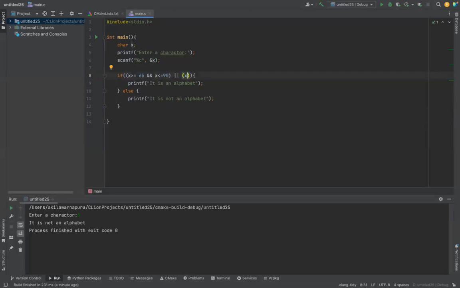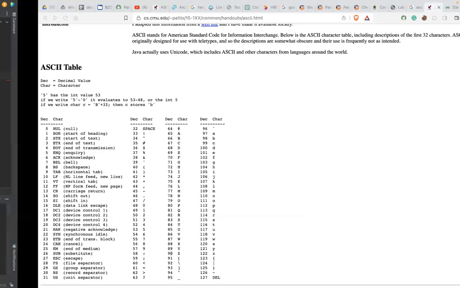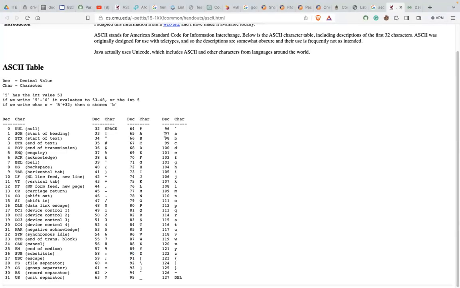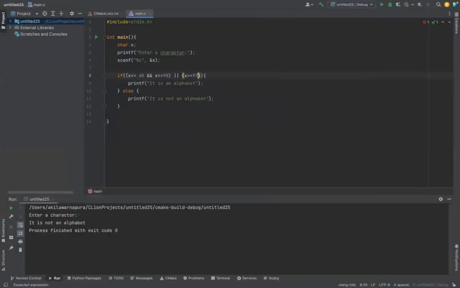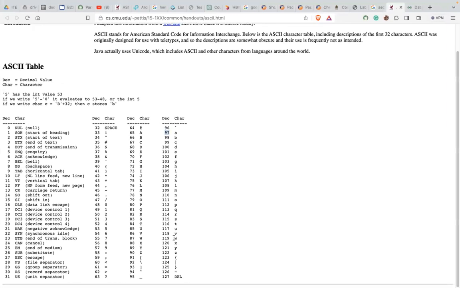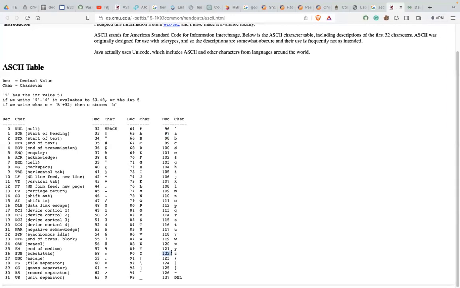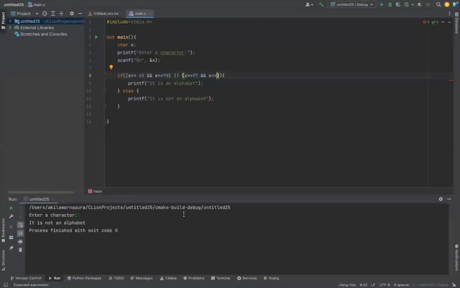X greater than or equal to 97, simple alphabet, 97. And then X less than or equal to 122. Then it is an alphabet, otherwise not an alphabet.